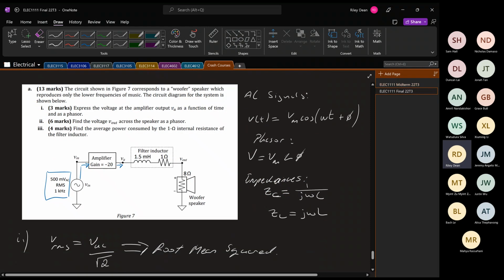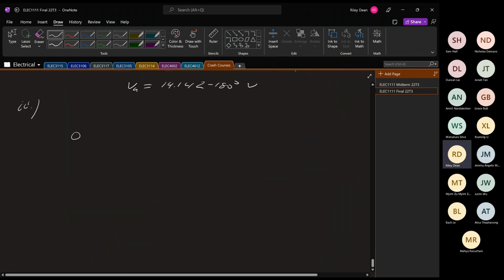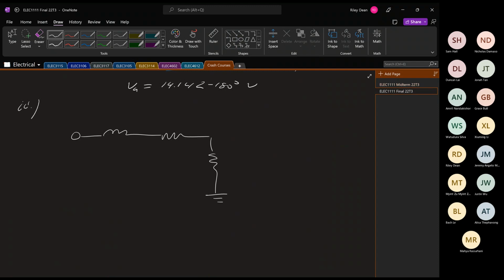Now they want to find V out across the speaker. Let us just quickly have a look at what they've given us. I'm just going to put a little ground here just so we know what we're looking at.